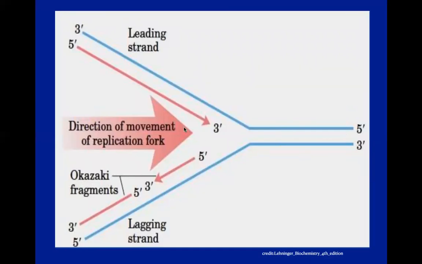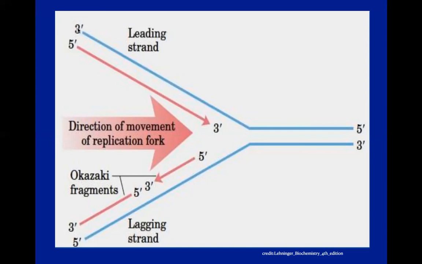Now you can see here, the DNA polymerase can add on nucleotides only to the 3' hydroxyl group. So the synthesis takes place only in the 5' to 3' direction. The DNA template is read from 3' to 5' because both the strands are anti-parallel.